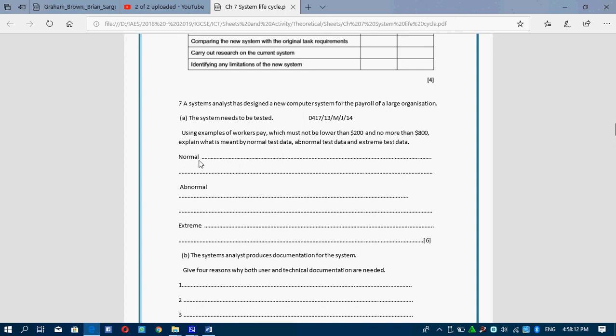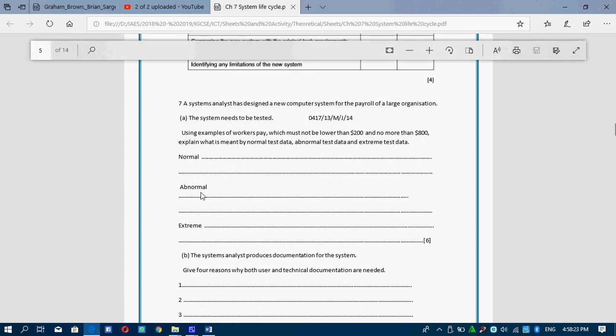The normal value, what is the normal value? Greater than or equal to 200 and less than or equal to 800. What is the abnormal data? Lower than 200 and more than 800. What is the extreme? 200 or 800. Okay?